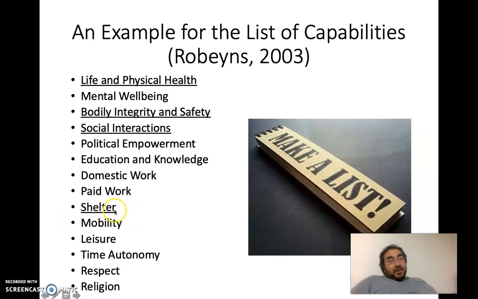For example, there are more homeless men, which means men are less able to meet their need of getting shelter. Life and physical health, or bodily integrity or safety, for example: men are physically attacked more, but women are sexually attacked more.